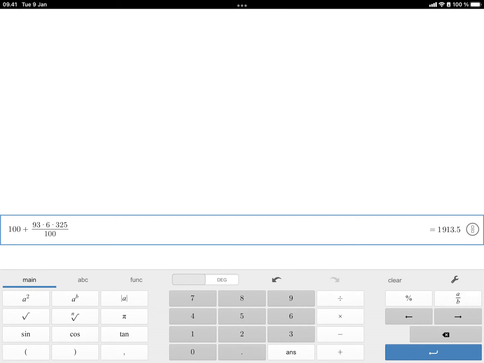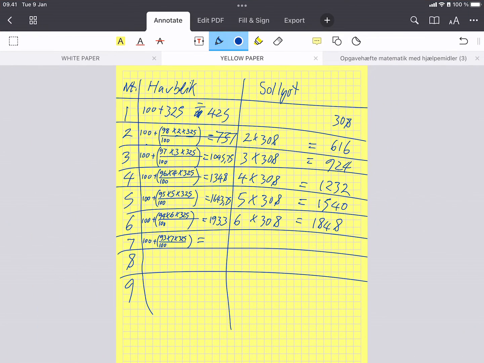I'm going to change the 6 for a 7. 2215.75. Whereas at Sollust it's going to cost 7 times 308, which is 2156. So still cheaper at Sollust.